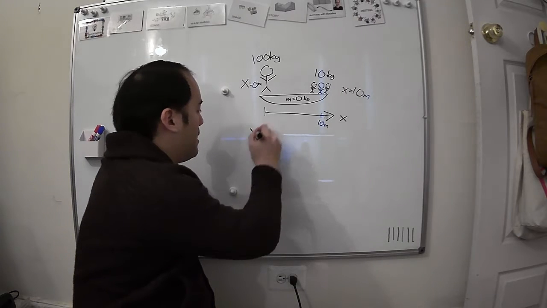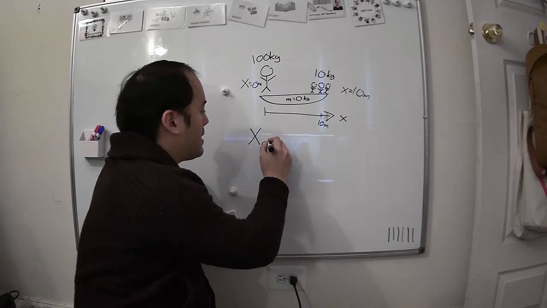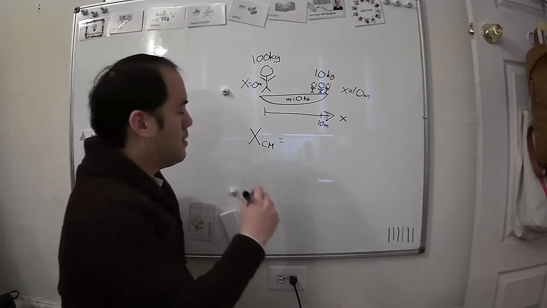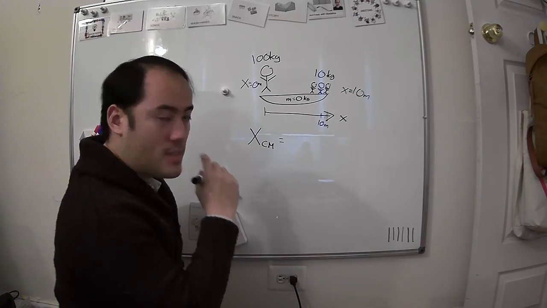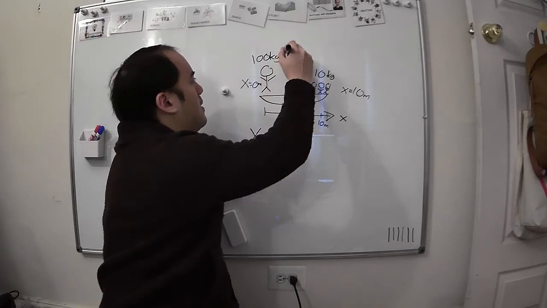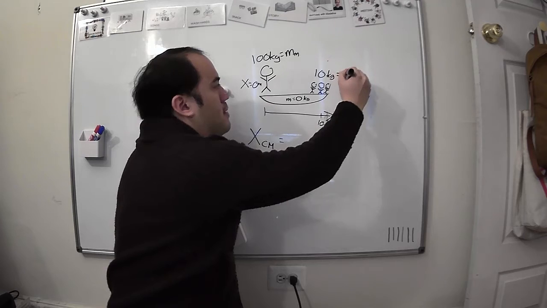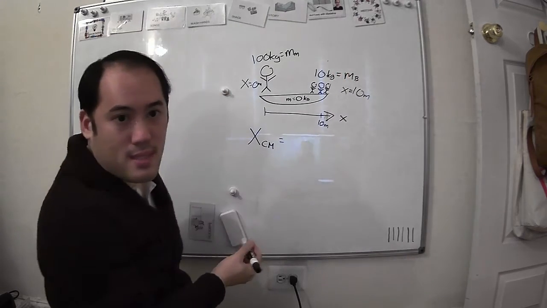The position of the center of mass is equal to, let's say M is man, and B is babies.